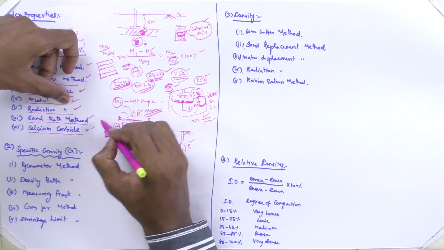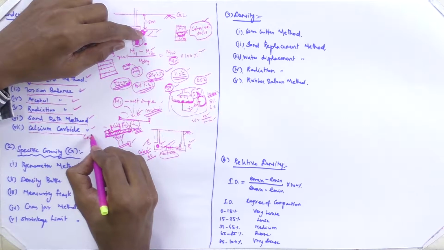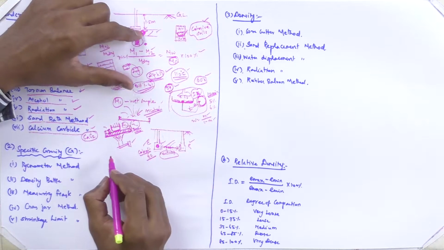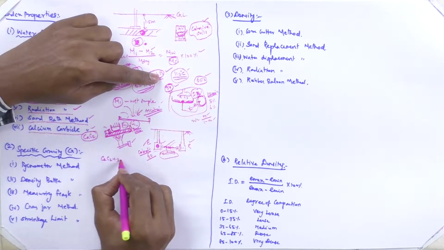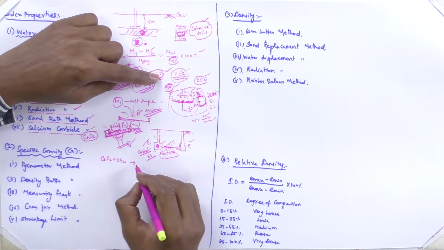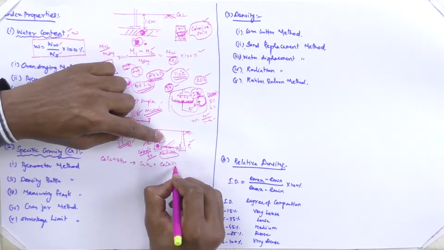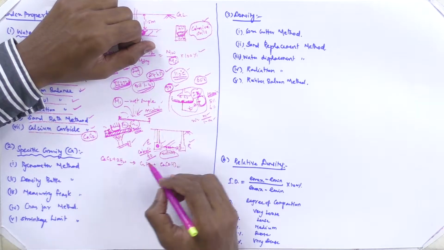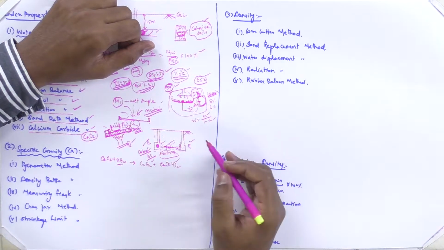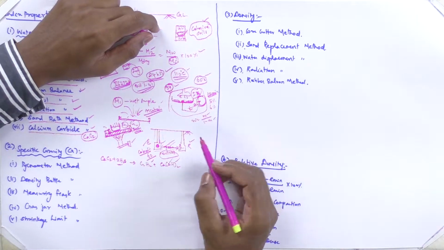Calcium carbide method. Calcium carbide is nothing but CaC2. What will CaC2 do, sir? CaC2 plus 2H2O will give C2H2 plus Ca(OH)2. There are 4 H's, so 2 H's and 2 H's will go, and 2 O's will be placed here.